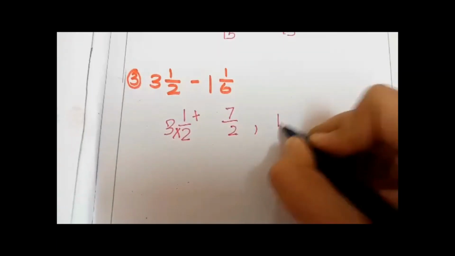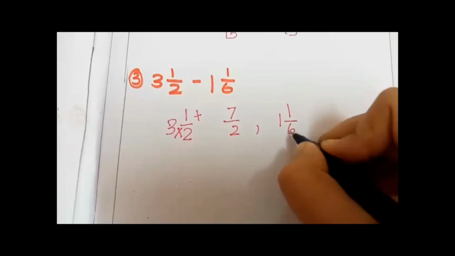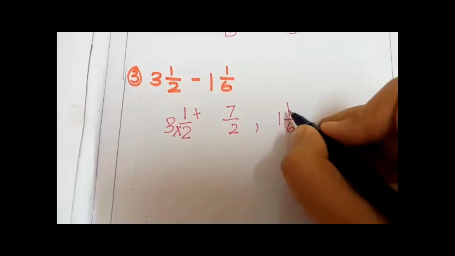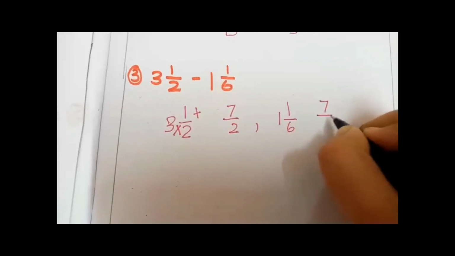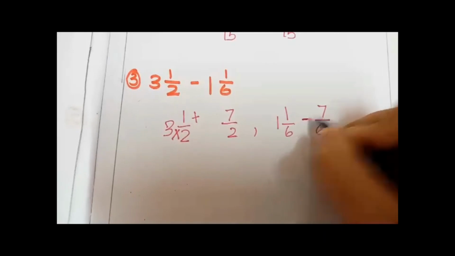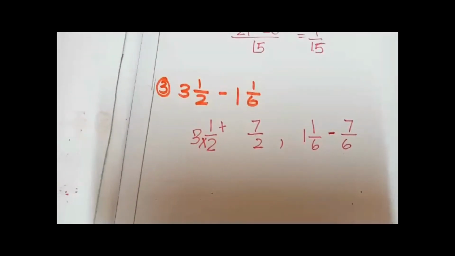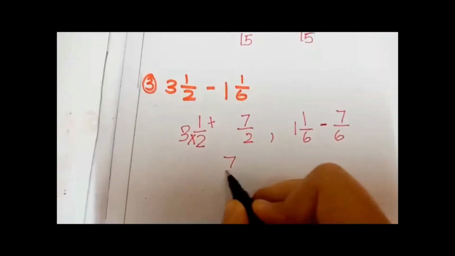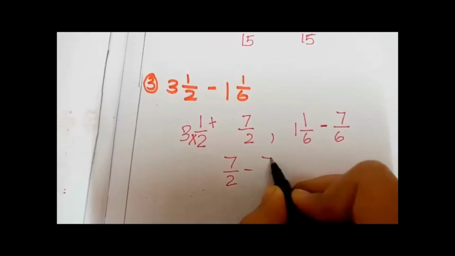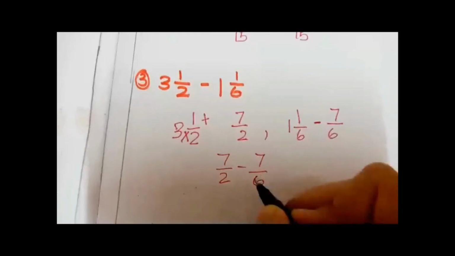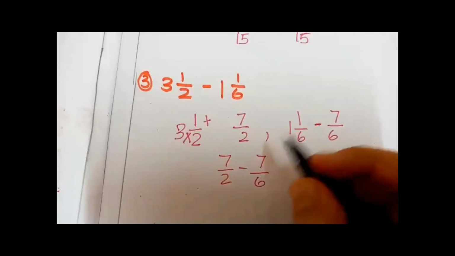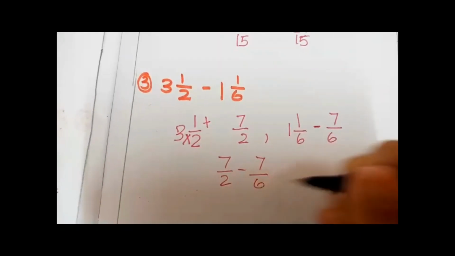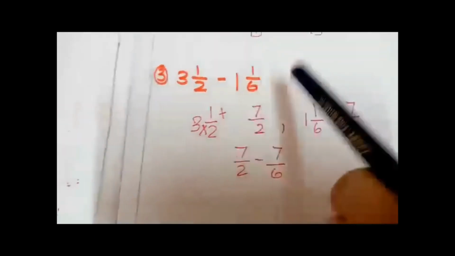Same way, 1 1 by 6. 6 into 1, 6 plus 1, 7. So 7 by 6. So this is our improper fraction. So rewrite it: 7 by 2 minus 7 by 6. But as you know, we cannot add or subtract numbers with unequal denominators, which are unlike fractions.